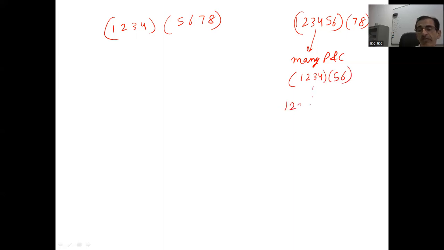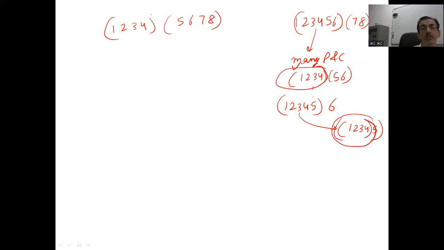It will also have 1, 2, 3, 4, 5, and 6. This will further have 1, 2, 3, 4, and many more like that. So if you see carefully, 1, 2, 3, 4 is calculated here also, here also, and here also. So I can see a lot of overlapping sub-problems.